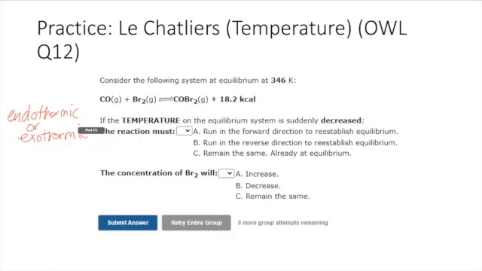Here, they've told us, because they've put kcal, which is a form of energy, on the product side. Now, like I said, we're going to consider this the forward reaction, right? So this is an, I'm sorry, exothermic reaction.